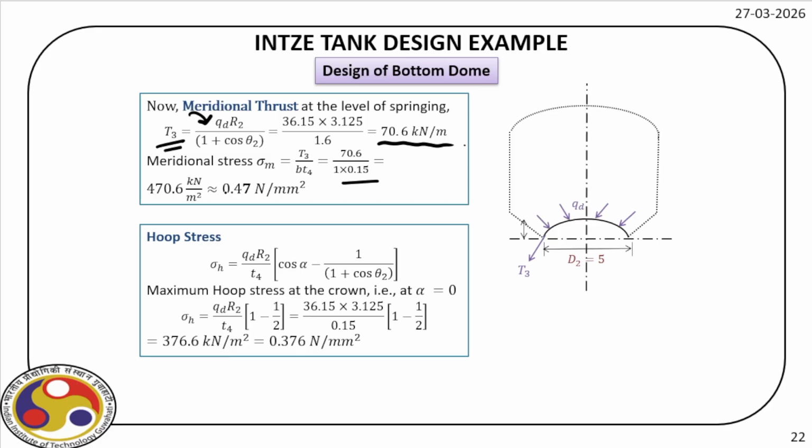So the stress is 0.47 Newton per millimeter square. Next is hoop stress. Same expression we used earlier also for the top dome, sigma h. We can use this expression. So for alpha equal to 0, sigma h, if we put all the expressions, we get 0.376 Newton per millimeter square.